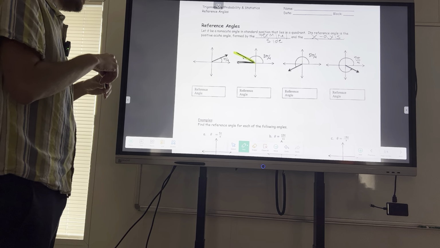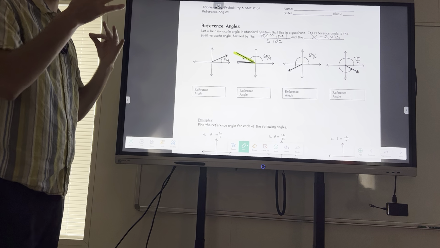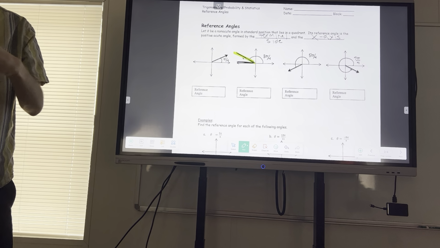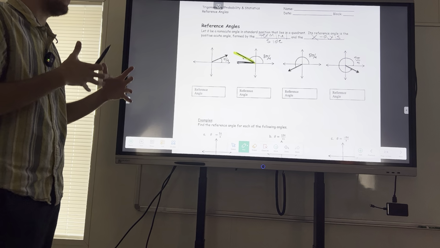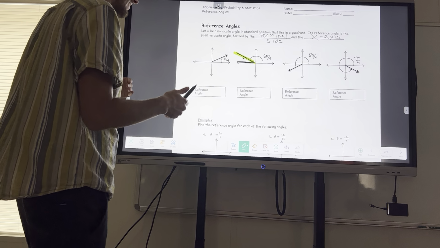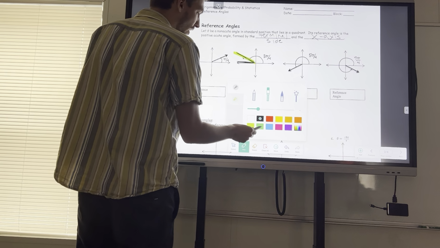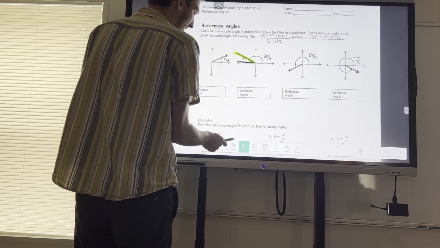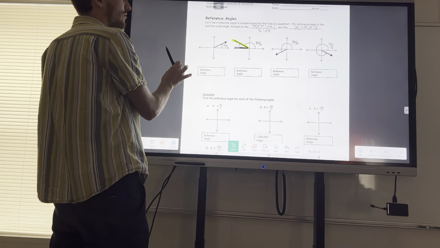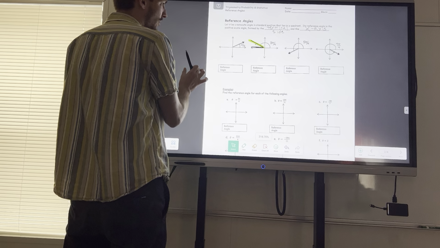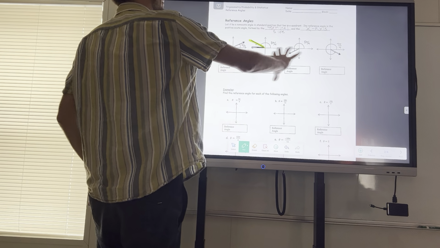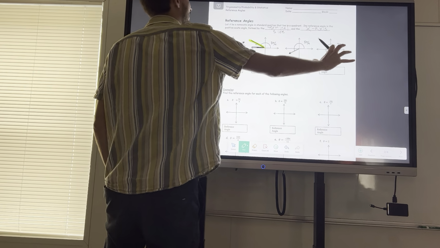Now, the issue is that when we're doing this math with radians, we've got fractions, we've got pies, those kinds of things. One way you can do this is to set up the exact same table that we had before. I have it laid out a little bit differently here.